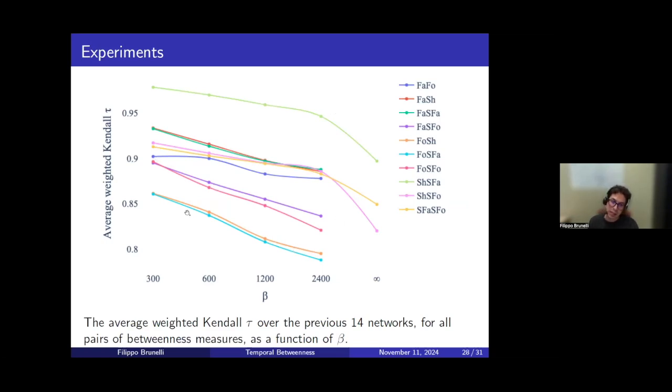We can see a pattern where the measures are less correlated as we increase the waiting time constraint. Probably the reason is that by increasing the waiting time constraint, we are less strict, so the number of temporal walks that we consider is larger, and once the set is larger, the optimal walks can be differentiated more with respect to different criteria.